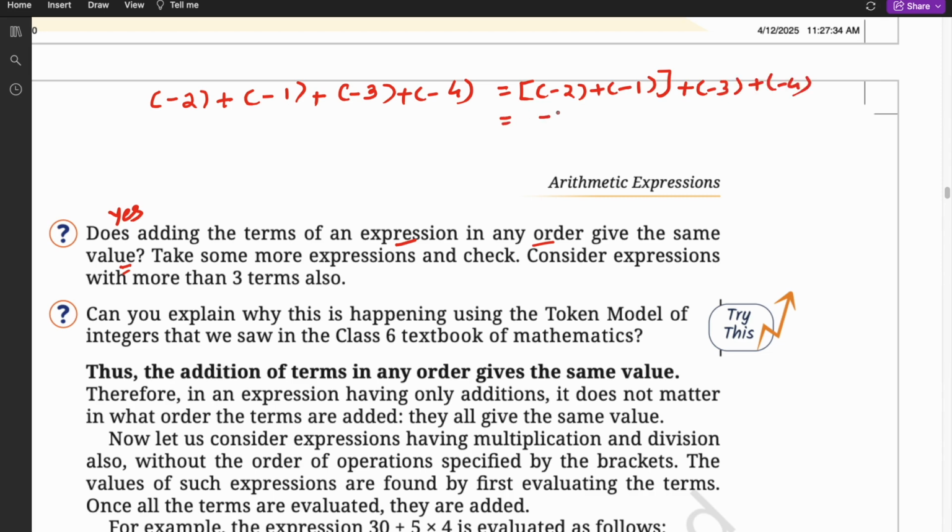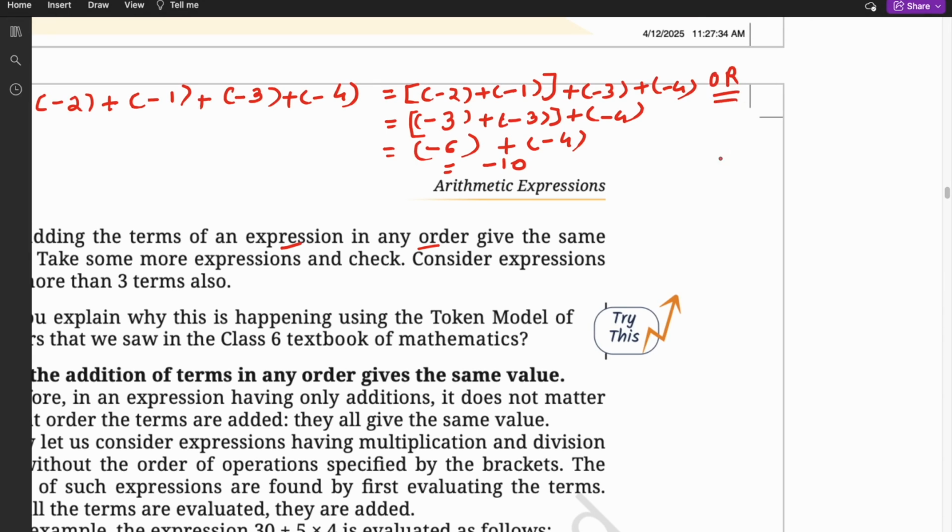So which is equal to -3. -2 plus -1 is -3. Now in this we will add the third term, plus -4. So which is equal to -3 plus -3, that is -6 plus -4, which is equal to -10.